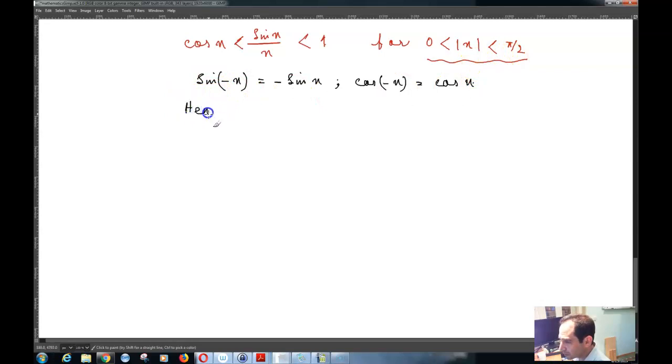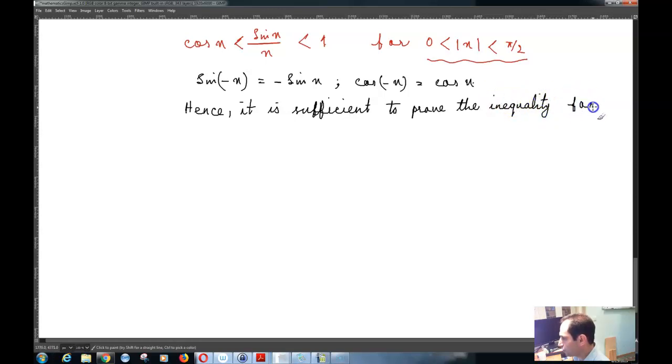So you can say hence it is sufficient to prove the inequality for 0 less than x less than pi by 2.